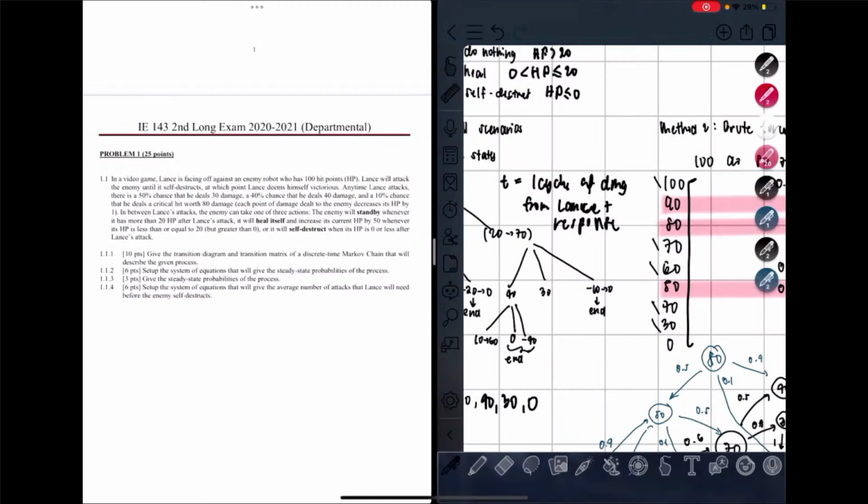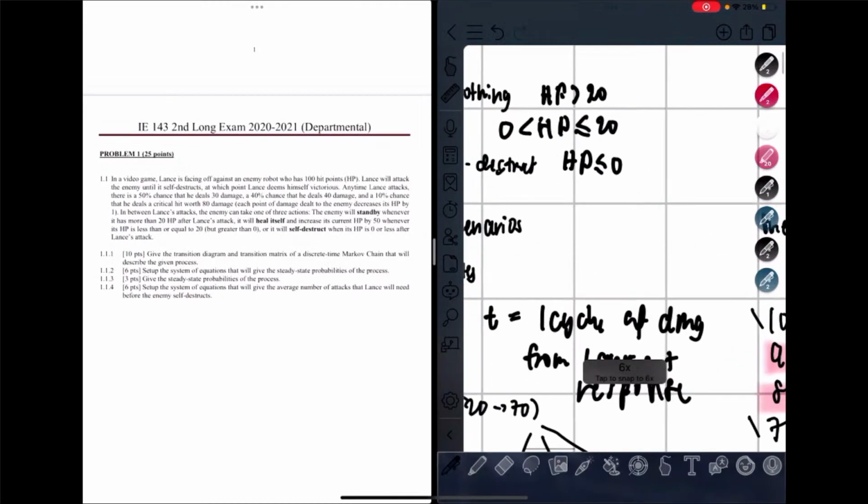Yes, because for a discrete time Markov chain, the assumption is, wait, what's the notation? Let me try to remember.